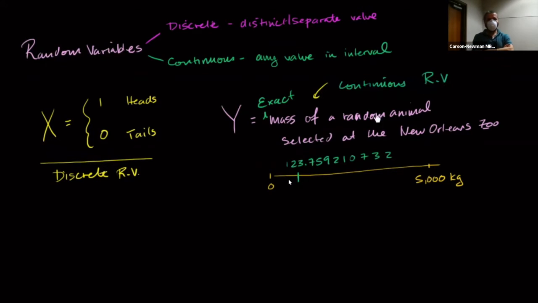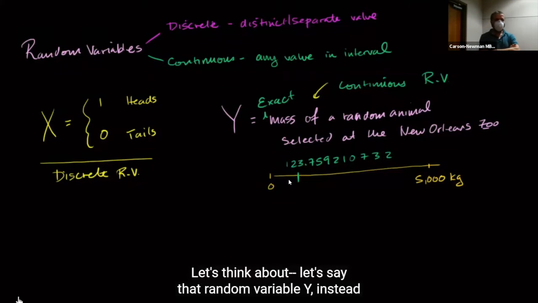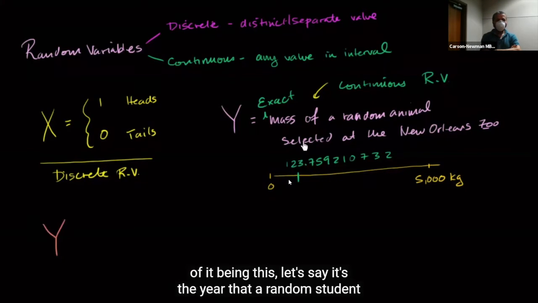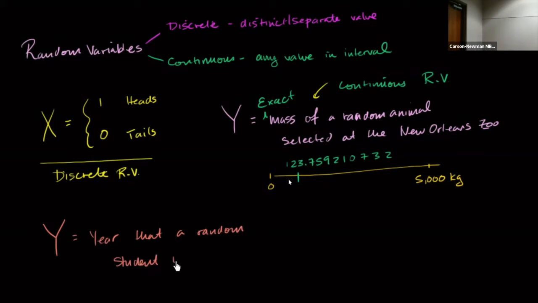Let's think about another one. Let's say that random variable Y, instead of being this, is the year that a random student in the class was born.